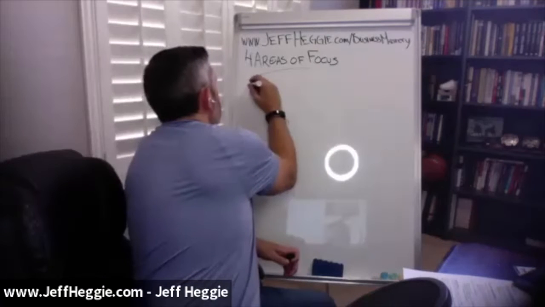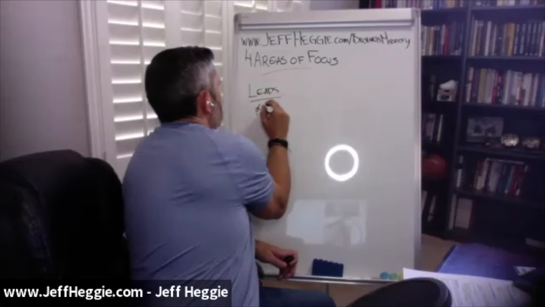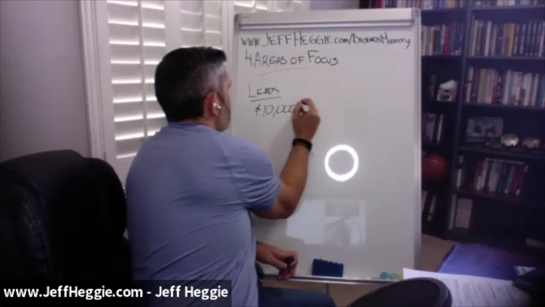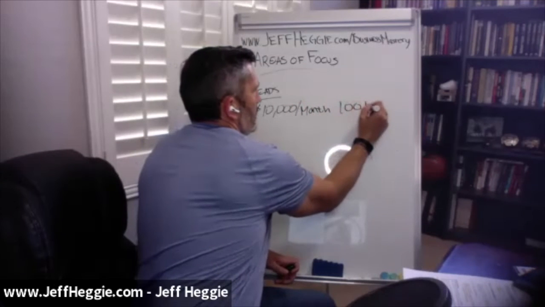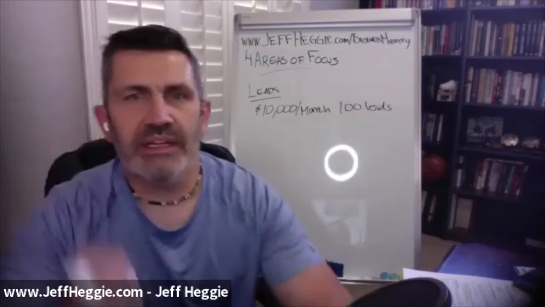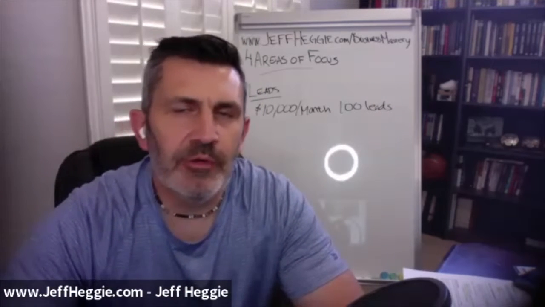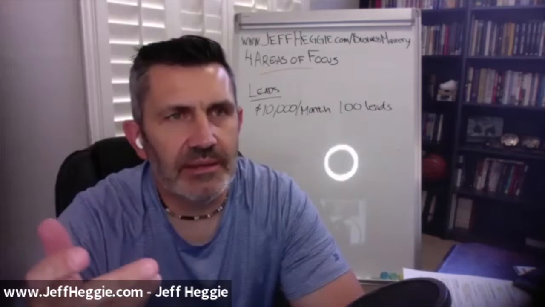So what we're going to do is look at a current business and say that it's making $10,000 per month right now on 100 leads. So when we're looking at that, if we double the amount of leads and everything else stays the same, it automatically doubles the business.